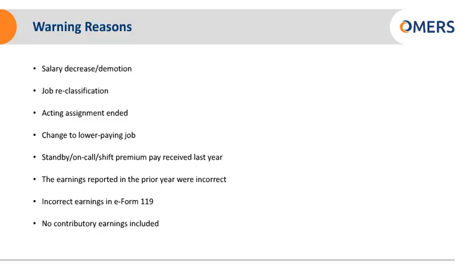There are many reasons this could fire, including salary decrease or demotion, job reclassification, acting assignment ended, change to lower paying job, standby, on-call, shift premium pay received last year, the earnings reported in the prior year were incorrect, earnings in the eForm 119 were incorrect, or no contributory earnings were included.